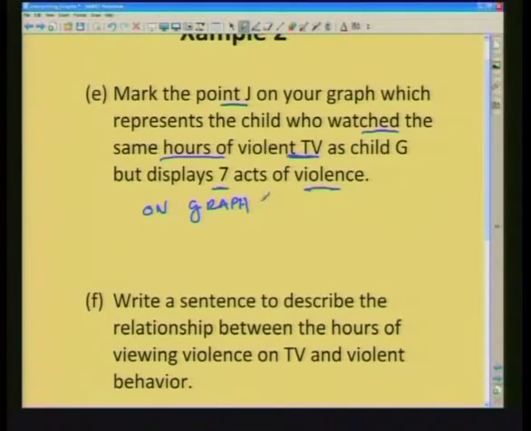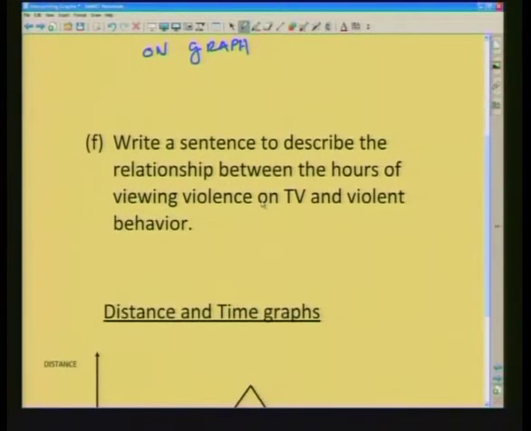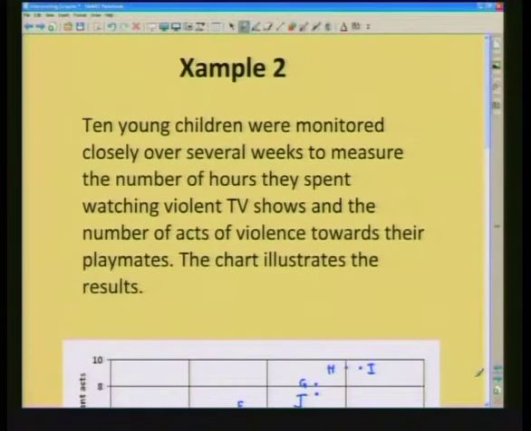All right. And then F would like us to write a sentence to describe the relationship between the hours of viewing violence on TV and violent behavior. So let's go back to the graph and look at what's happening.